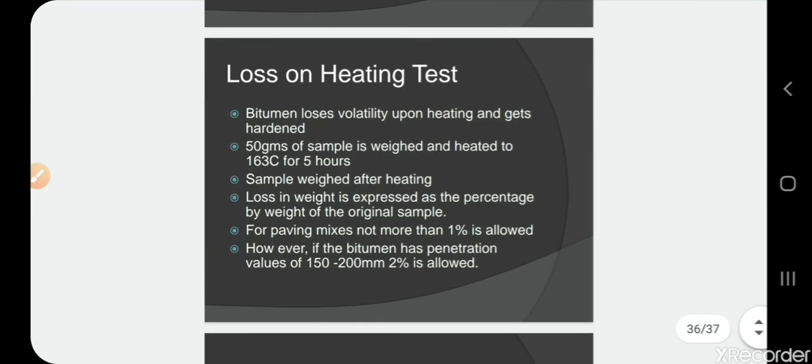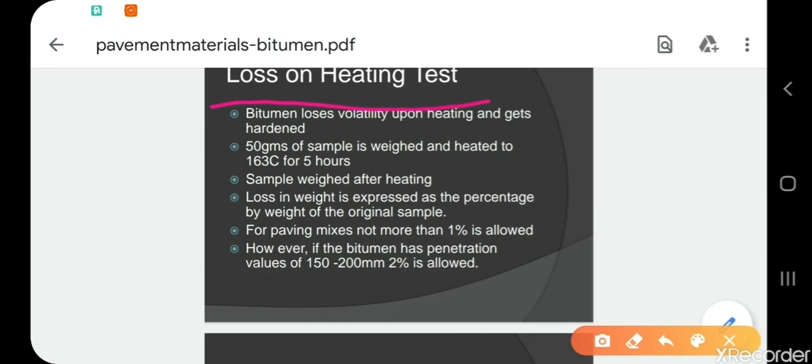And the last one is the loss on heating test. When bitumen is subjected to heating, there will be a loss. How much is the loss and how we measure it is done by the loss on heating test. Bitumen loses its volatility upon heating and gets hardened. When subjected to continuous heating, the bitumen automatically loses its volatility.